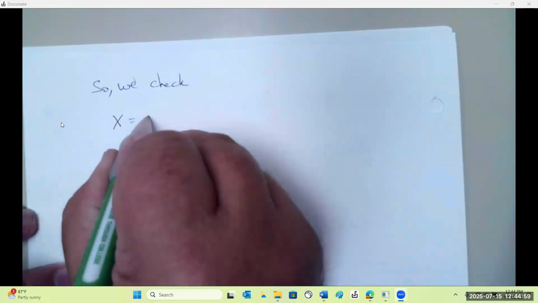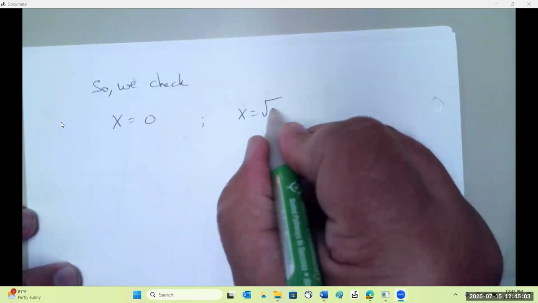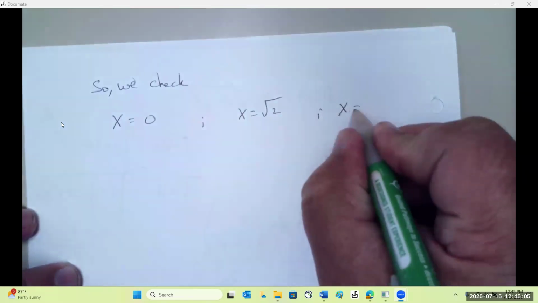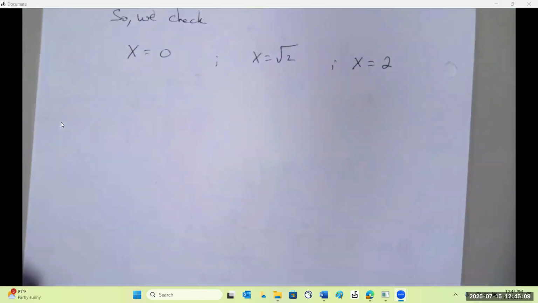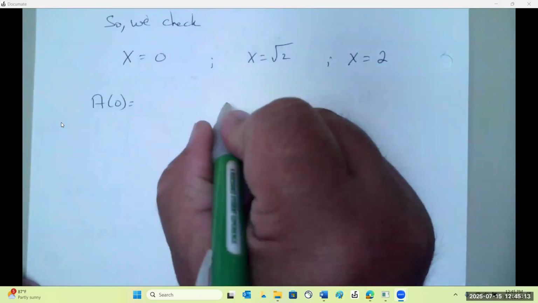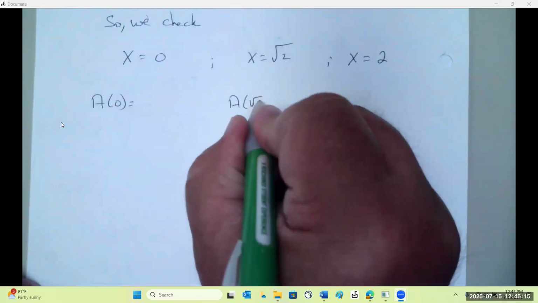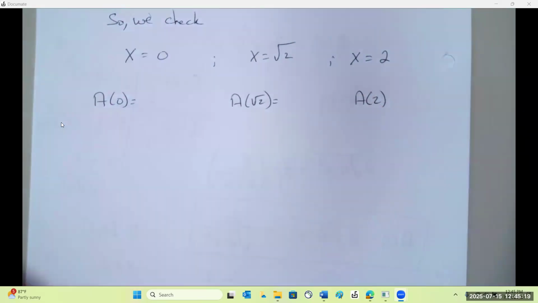So we check x equals 0, x equals the square root of 2, and x equals positive 2. So A of 0, A of radical 2, and A of 2.